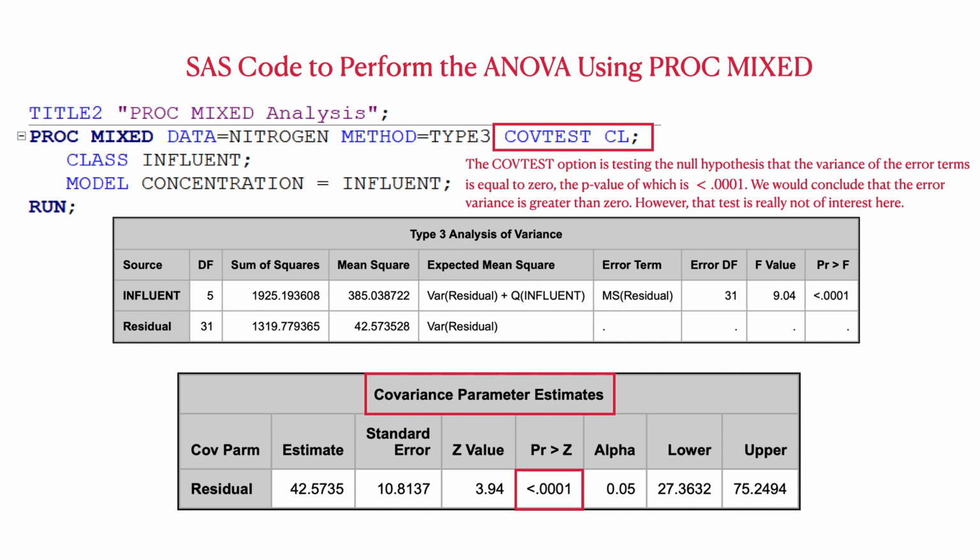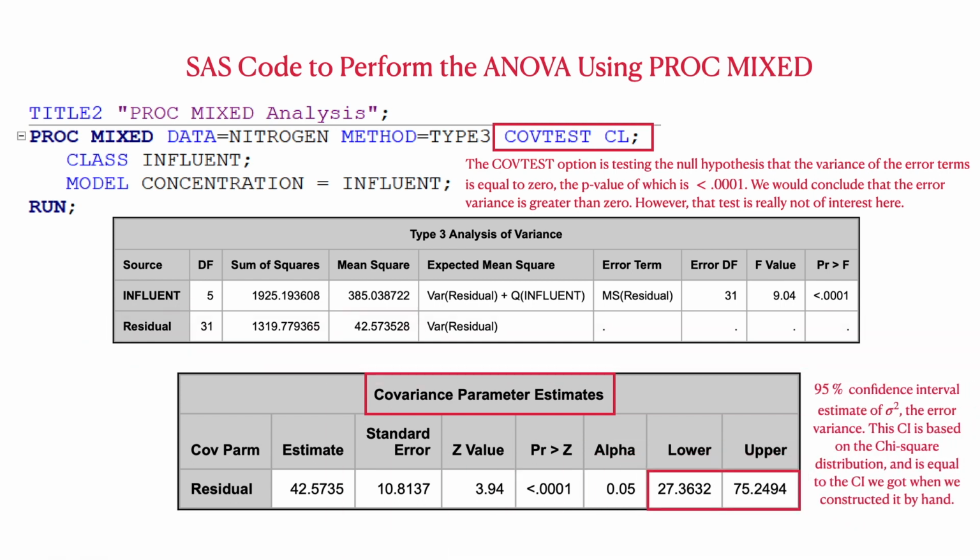As we can see, the p-value of this test is less than 0.0001. And so based on that, we would conclude that the error variance is greater than 0. This conclusion is really not that surprising, and this test is really not of interest in this particular situation. This kind of test becomes much more important and interesting when we have more than one random component in the model.